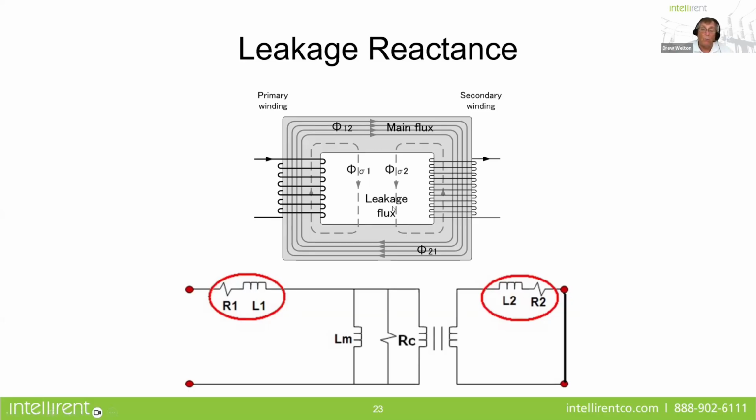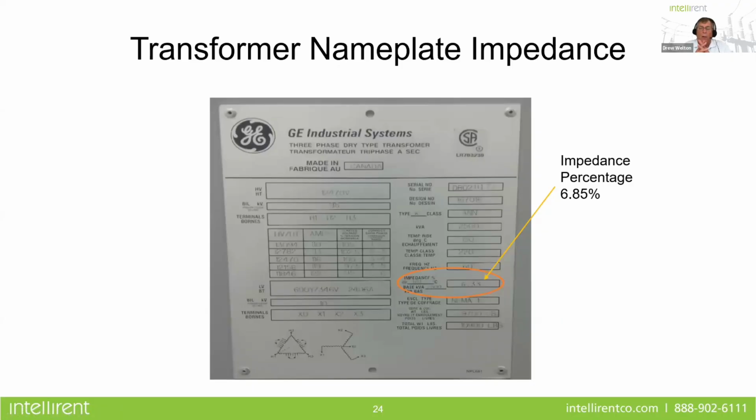You can see here we have normal leakage flux. Well, if you get any kind of deformation in these windings, that impedance value is certainly going to change when we measure it. Now, what are we comparing it against? Well, your nameplate on the transformer has the impedance stamped right on it, and that is what we're going to use to compare.